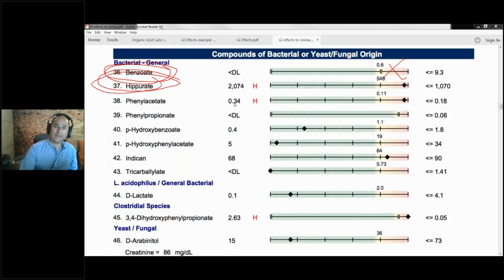Let me say that again. If benzoate levels are high, you should always see high levels of hippurate. If you ever see a lab where benzoate levels are high and hippurate is either normal or low, that's a liver detoxification problem, okay?